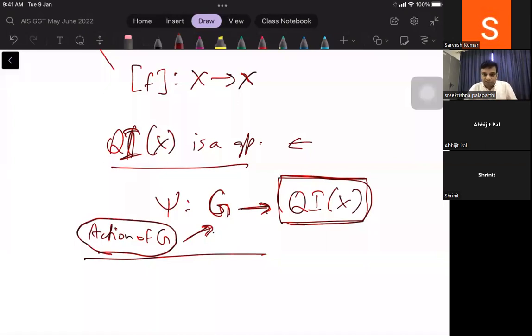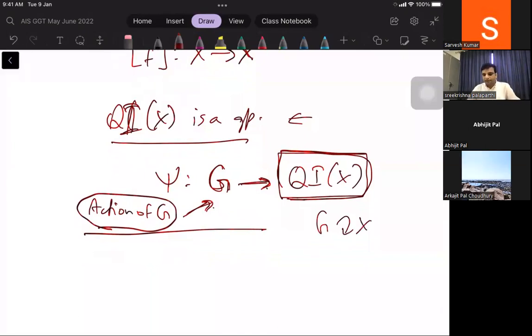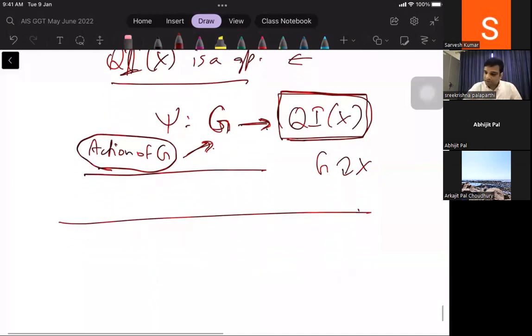So the action is on X. So G acts on X using quasi isometry. All right, so that's about quasi isometry groups.